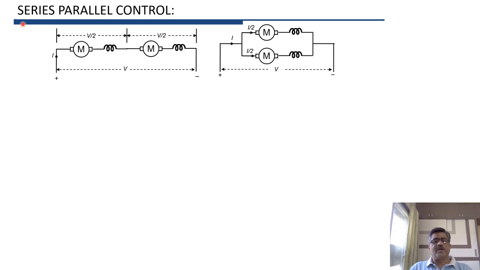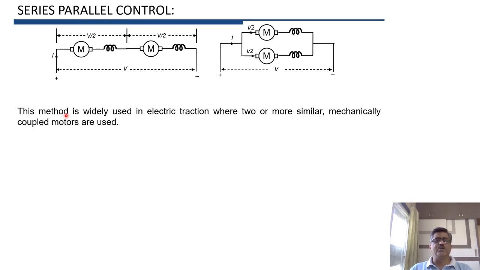The third method for speed control of DC series motors is series parallel control of motors. This method is widely used in electric traction, that is in electric locomotives or trains, where two or more such motors are mechanically coupled and then these motors are either connected in series or in parallel.